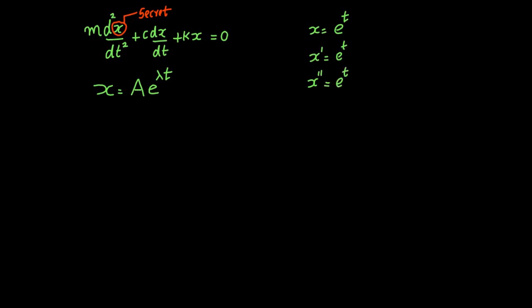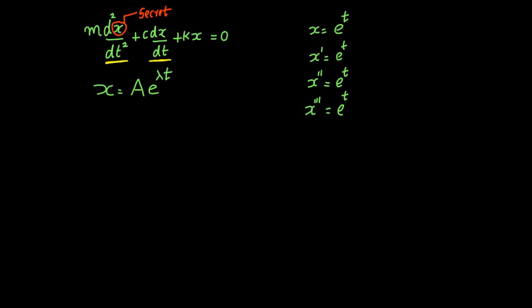If you differentiate it any number of times, even 3 times, 4 times, and so forth, you are still going to get e power t. And this is very convenient for us, because here there is 2 times differentiation, and here 1 time differentiation.